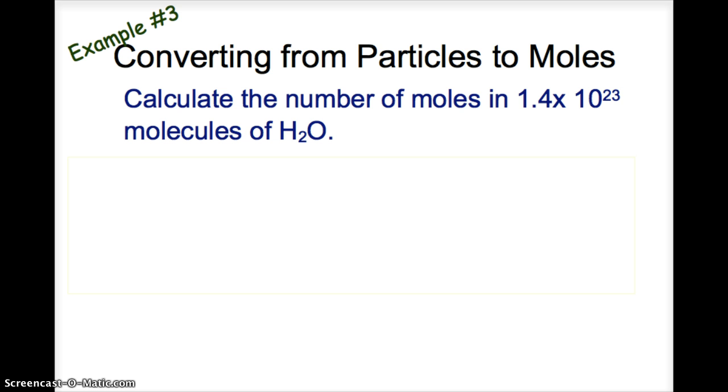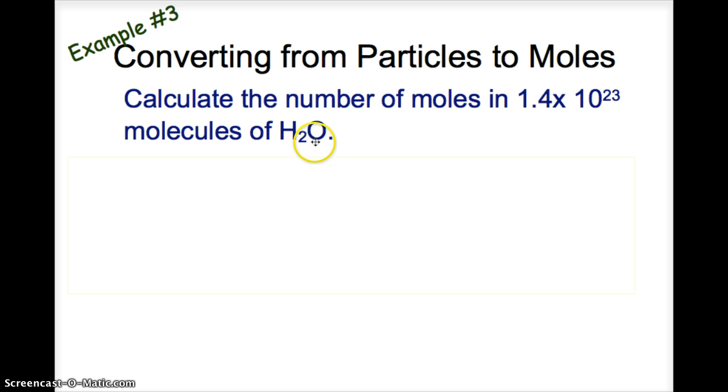The third problem that we're going to go over is how you would calculate from molecules to moles. In this problem, I am given 1.4 times 10 to the 23rd molecules of water. Now I'm calling that a molecule of water because notice water is a covalently bonded compound.